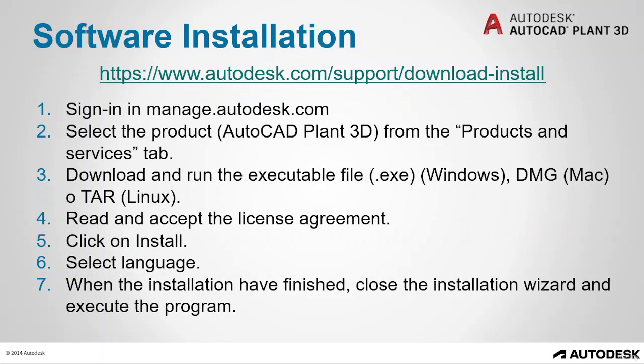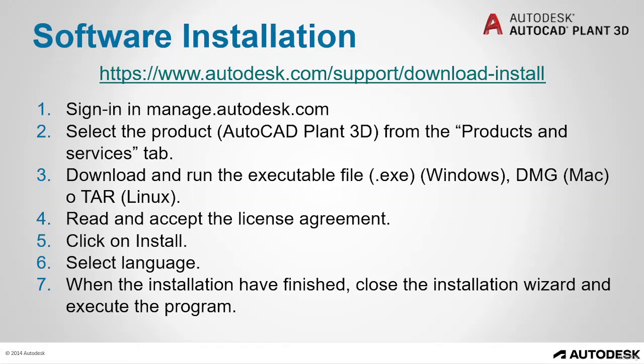So you have to remember, for a simple download from your Autodesk account, you have to sign in at manage.autodesk.com. There, you will select the product, in this case, AutoCAD Plant 3D, from the Products and Services tab.